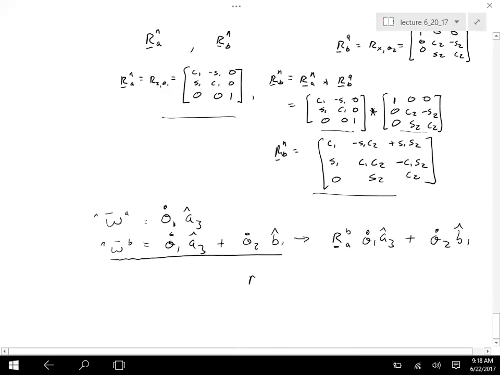We said that the rotation from B to N is the rotation from A to N times the rotation from B to A. We had that here, so I just wrote it down again. And we know that the rotation from A to B is just the inverse of the rotation from B to A.